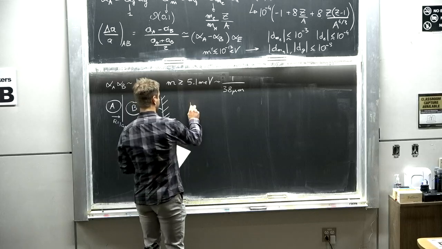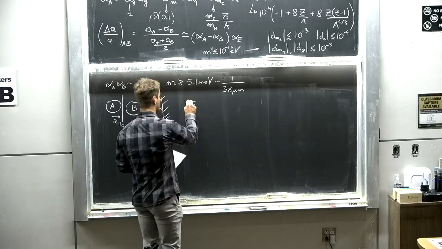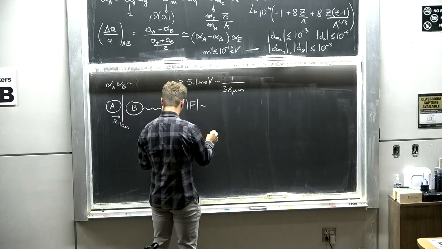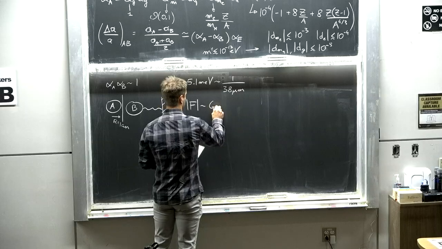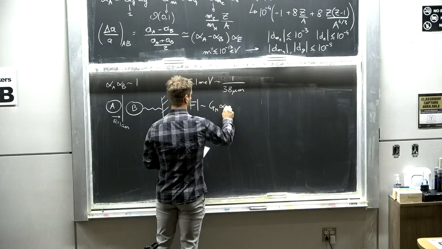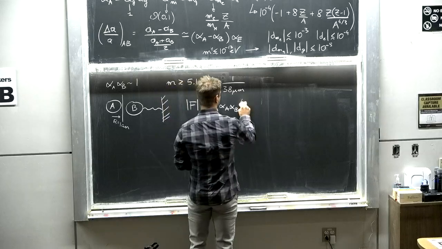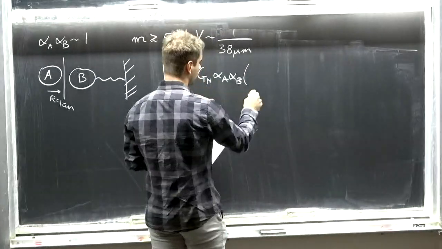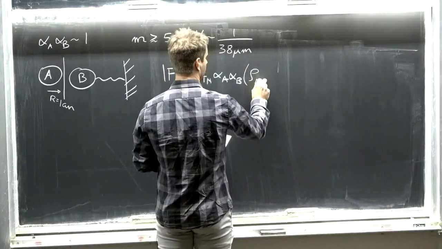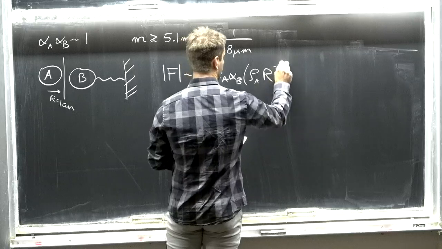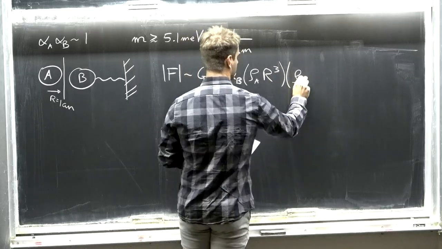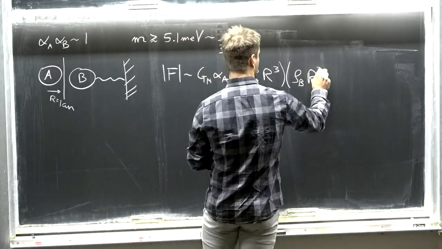So the force between A and B in this case would be G Newton, these alphas, the correction to the gravitational force, and then the total mass I have, which will be the mass density of both objects. So you want them to be as dense as possible.